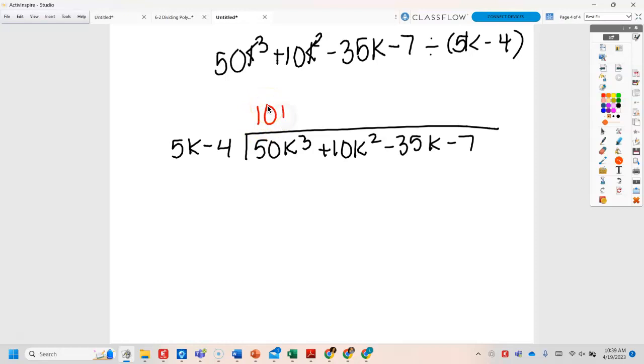K times k squared gets me k cubed. So we have 50k cubed minus, remember you have to also multiply by the 4, 40k squared.